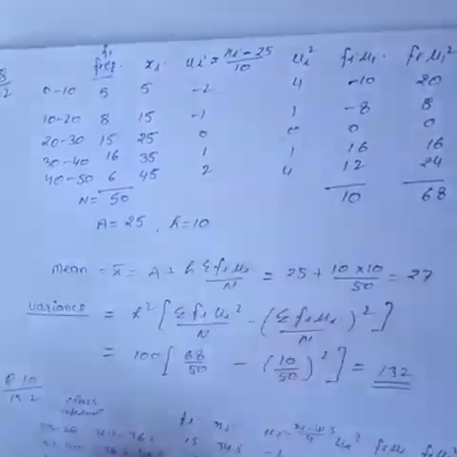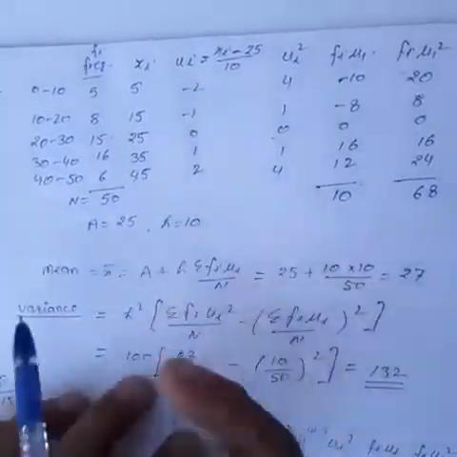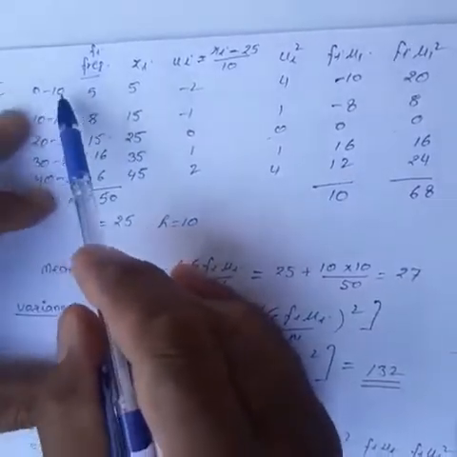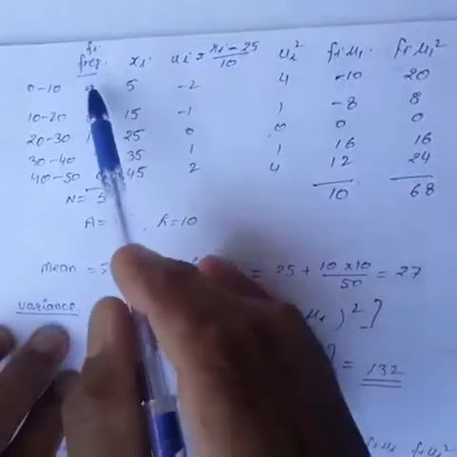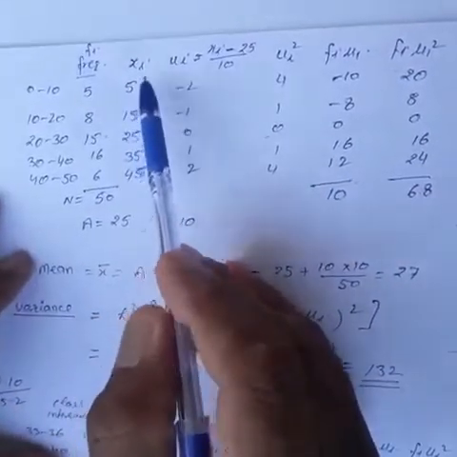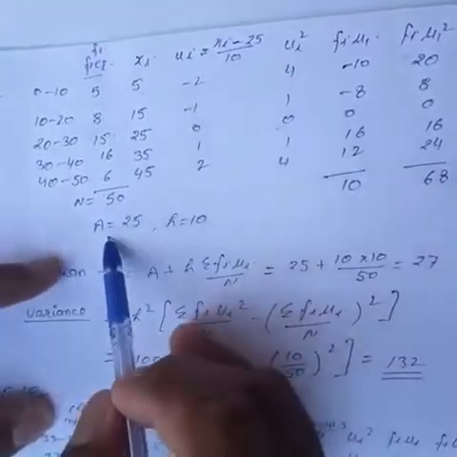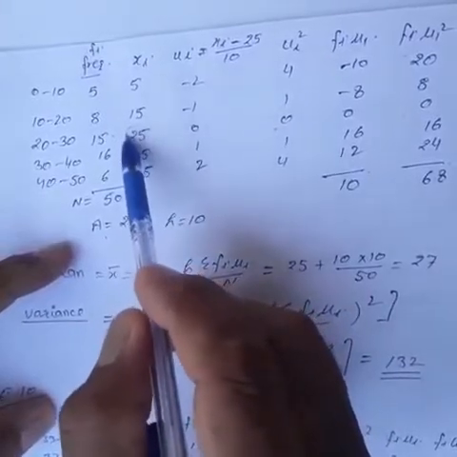So in this also we have to calculate mean and variance. For the mean we will follow the shortcut method. Class intervals are 0 to 10, 10 to 20, 20 to 30, 30 to 40, 40 to 50, with corresponding frequencies. You first calculate xi, then calculate ui. For ui we need A. So you find the middle observation, the value of x in the middle observation.